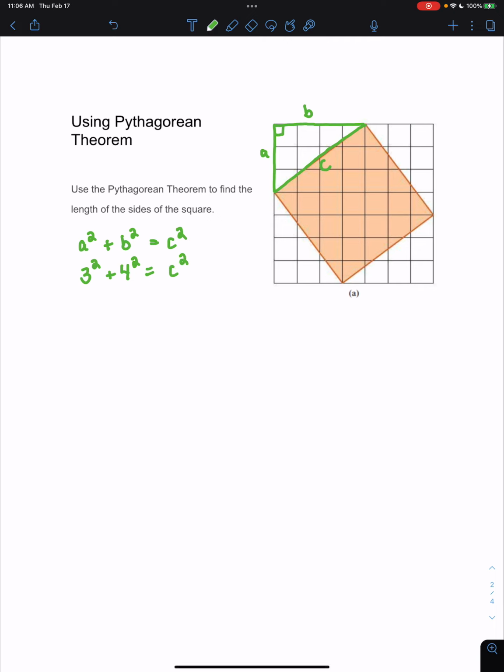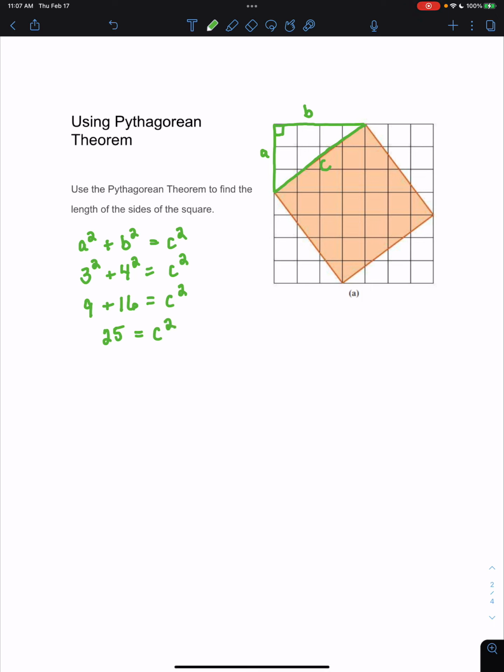So let's see, what is 3 squared? 3 times 3 is 9, plus 4 squared, 4 times 4 is 16, and that's going to give me C squared. 9 plus 16 is 25, gives me C squared.